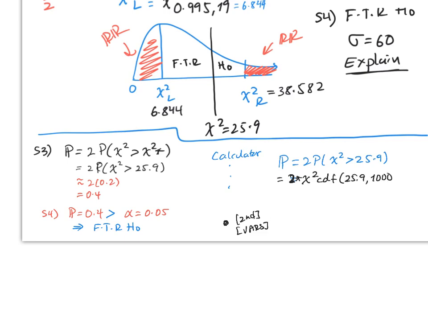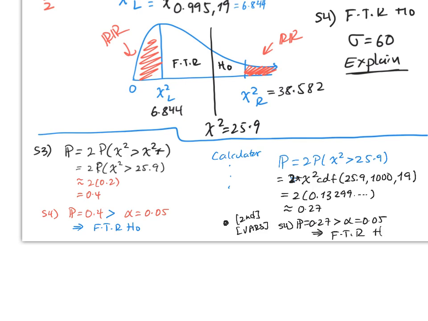The upper bound is also going to be 1,000. In this case, the degrees of freedom is 19. So this is 2 times 0.13299, and it keeps going. So this is around 0.27, which again is still going to be greater. So 0.27 is still greater than alpha, which is 0.05. So you're still going to get the fail to reject H0. So just like in 8.2, you can do this or you can do this. It's up to you.